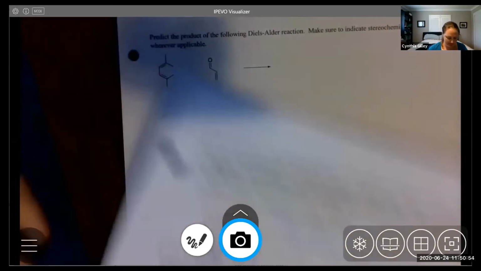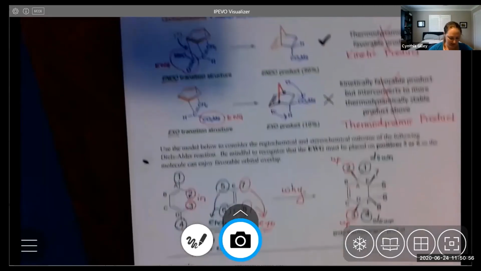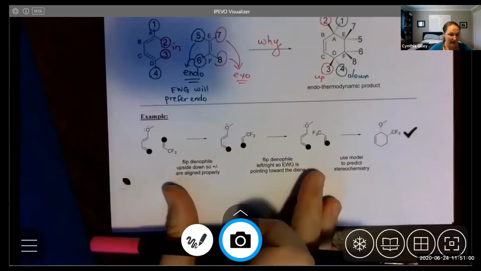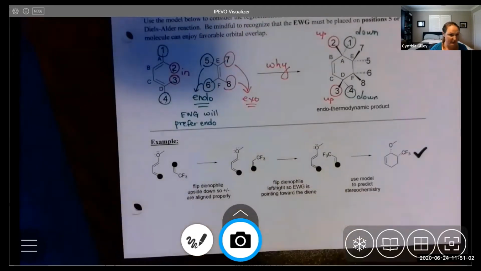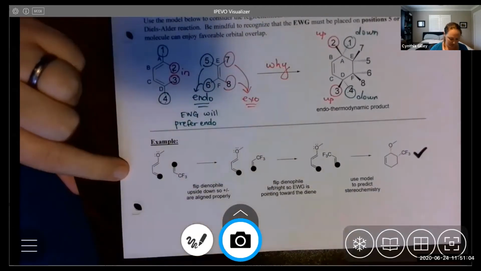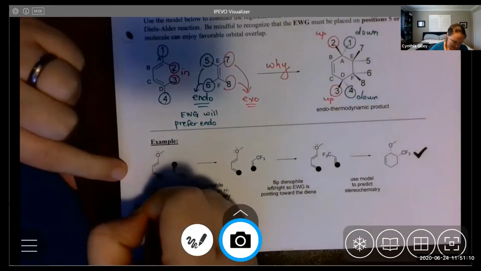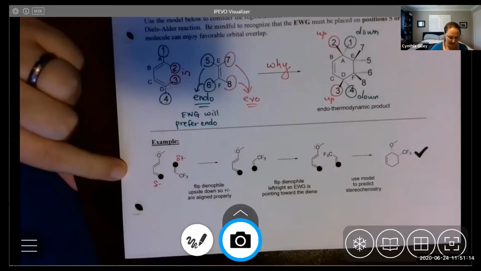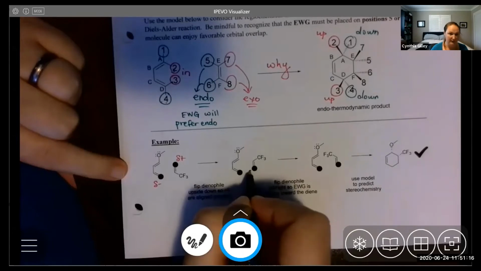So we'll go through his little example here at the bottom. The diene is already drawn as cis, but there's no internal plane of symmetry. So he had to look and see where the delta negative and delta positive are. They were not aligned, so we had to flip them over so that now they are aligned.